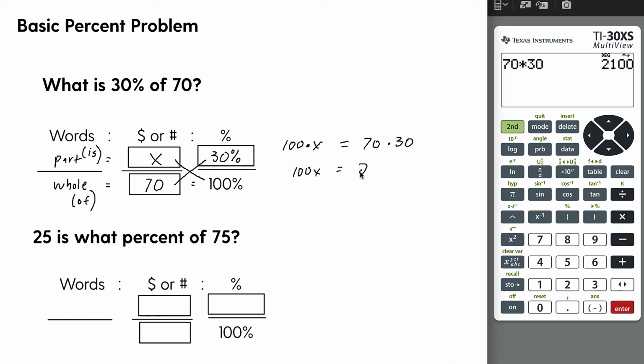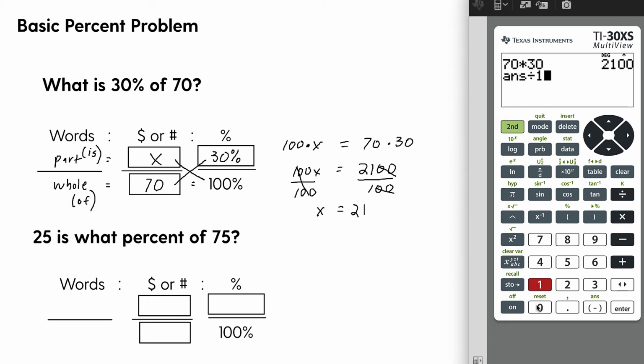Okay, all right, so there's 2100, and now you would divide by 100. We've cross multiplied, and here we're dividing. These cancel out. We've isolated x, and that's 2100 divided by 100. We can actually just cut out these 2 zeros, and we get 21. You could put that in a calculator if you need to. 2100 divided by 100 as well. See, the answer is 21.